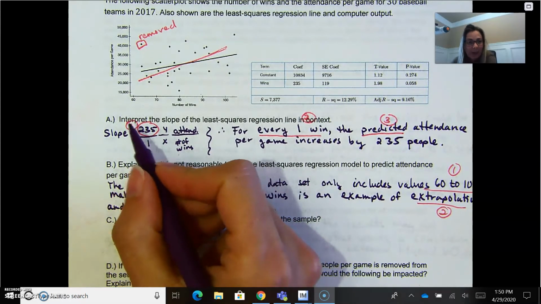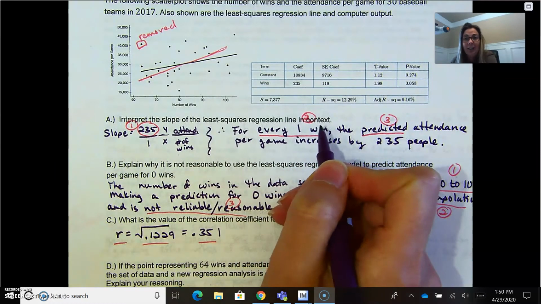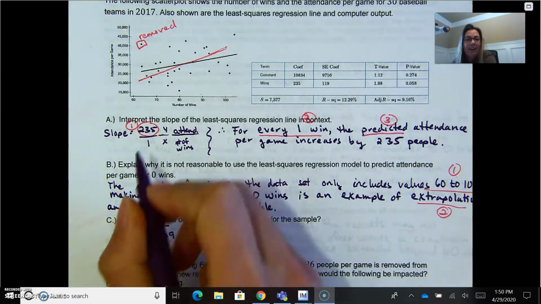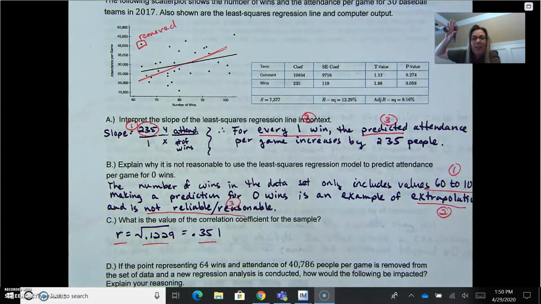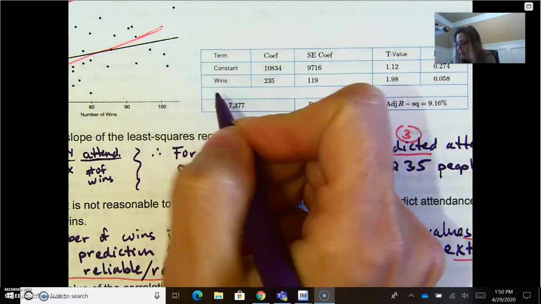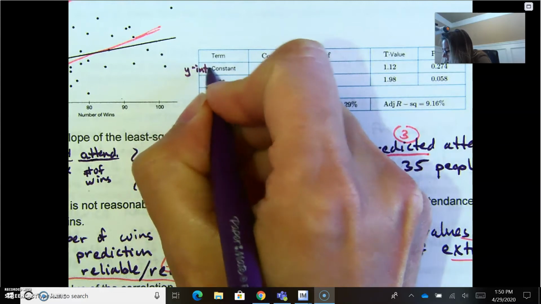Interpret the slope of the least squares regression line in context. Ooh, it was nice, they warned you. All right, so the slope, when you look at the output, they have constant and then they have wins. If you recall, constant is the y-intercept, right?